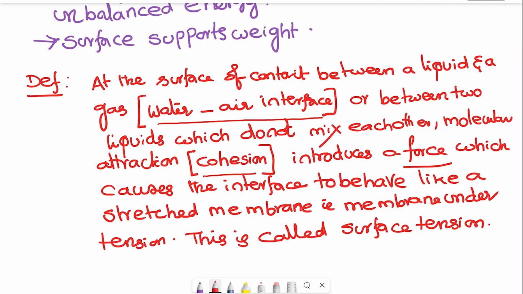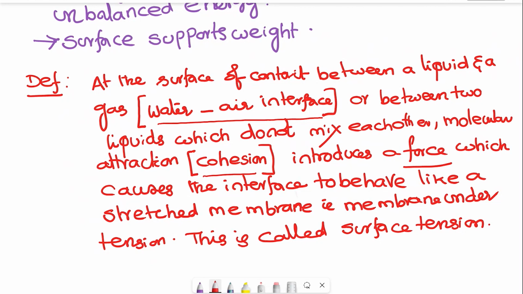So it is the tension at the surface of liquid and air. So the interface behaves like a membrane, and that behavior as a membrane is due to the property of the fluid, which is called surface tension.